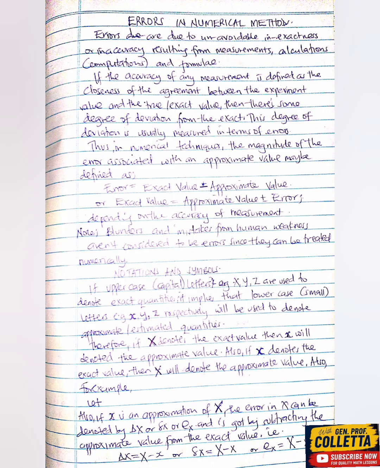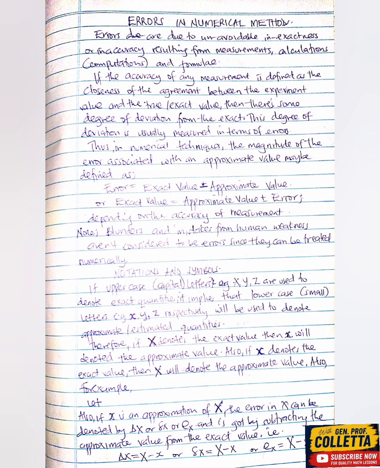Therefore, if capital X denotes the exact value, then small x will denote the approximate. And if we use the small x to denote the exact, then the capital will denote the approximate. It means that here we don't need to cram. Please do not cram that capital X will always be the exact or the approximate. Let's just understand the concept behind.